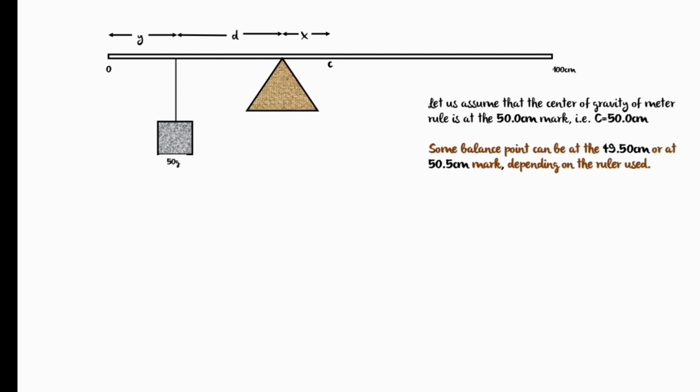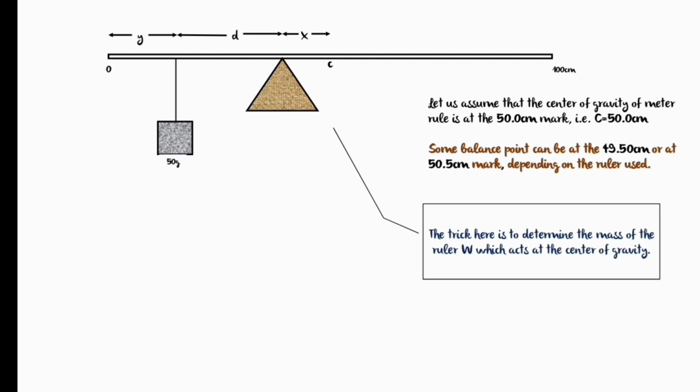Because ideally that is the position of the center of gravity of a meter rule at the midpoint. Some meter rules can have their center of gravity at values of 49.5 centimeters or 50.5, and that depends on the ruler used. So in this experiment, we'll be taking a value of our C to be at the 50 cm mark.